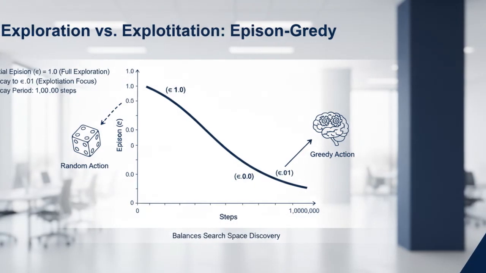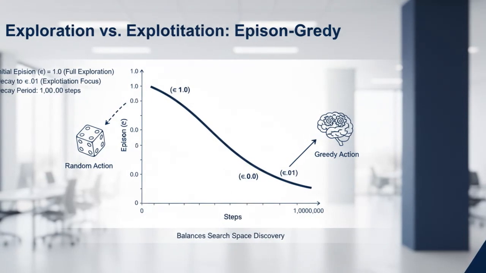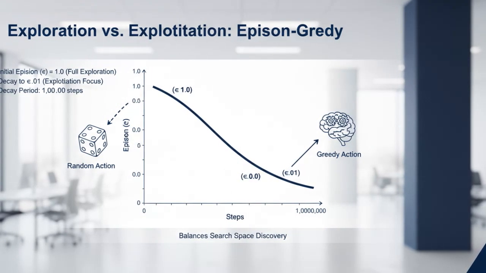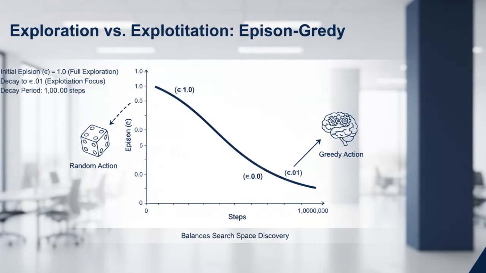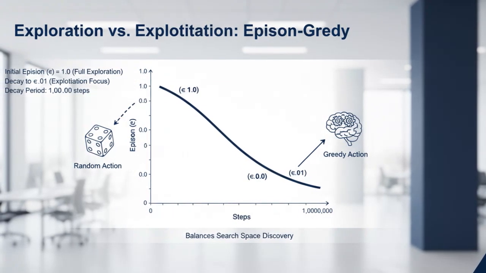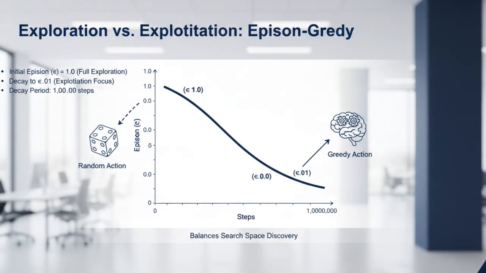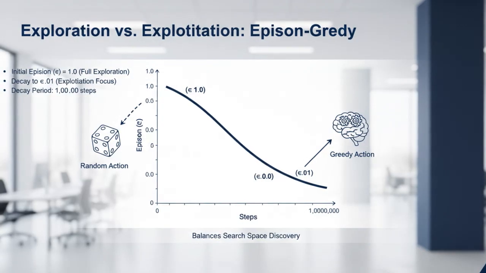How does the agent discover new strategies? We use an epsilon-greedy strategy. Initially, epsilon is set to 1.0, meaning the agent takes 100% random actions to explore the environment. Over the first 1 million steps, we decay epsilon linearly to 0.1 or 0.01.